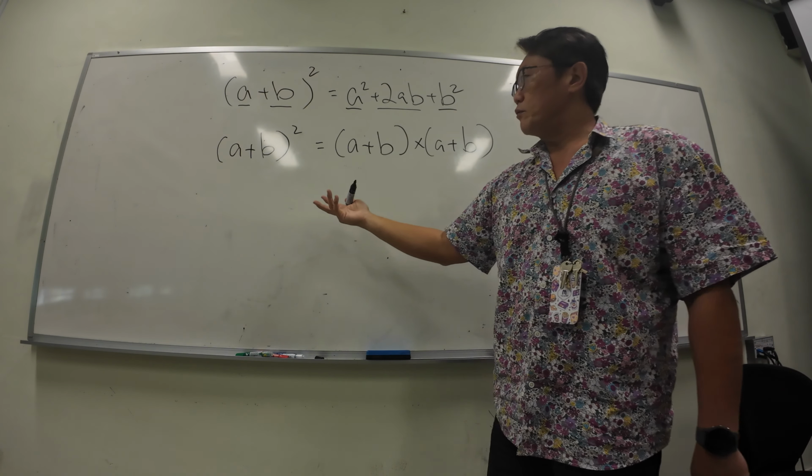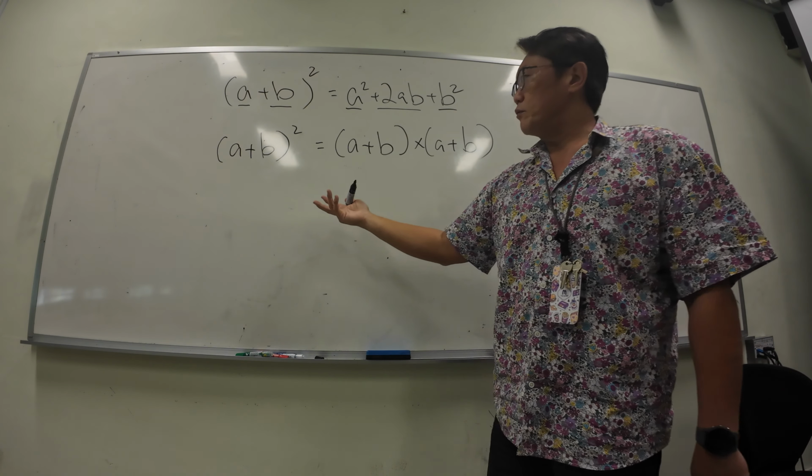Then when we do our long multiplication, front times front, front square. Front times back, positive, negative, so minus A times B. Then back times front, negative B times positive A, so also negative B times A or A times B. Then back times back, negative B times negative B. Negative times negative becomes positive B squared.